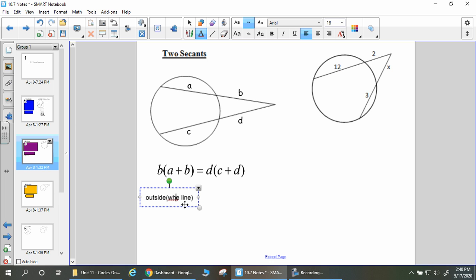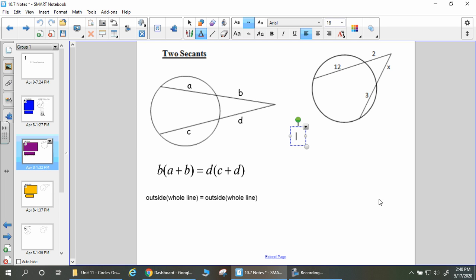I just realized I spelled that wrong. There we go. And the same thing is happening with the other one. D is my outside. C and D together make the whole line. So instead of worrying so much about A, B, C, D, the phrase you want to remember is outside times the whole line. That's going to give you your setup. That's going to work for you every single time.